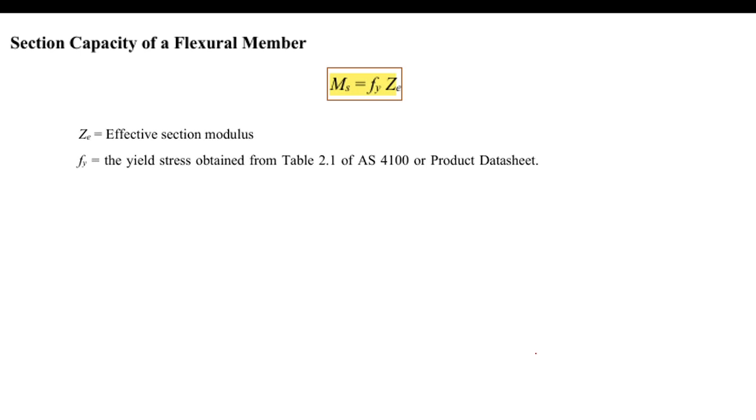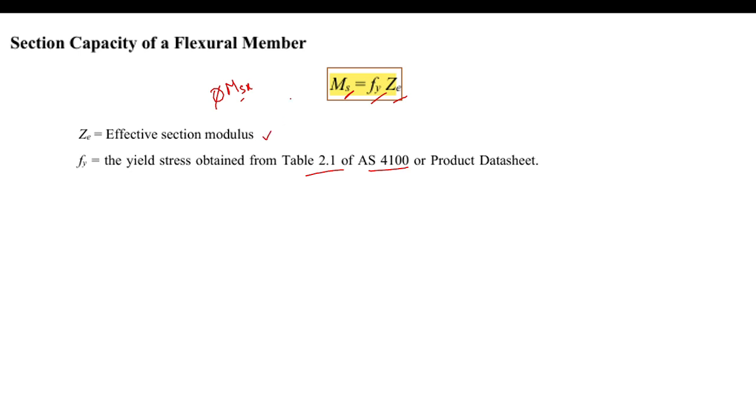Next, the section capacity of the flexural member can be found out using Ms. We have Ms equals φ Msx. This Ms can be found out using fy times Ze. Fy is the yield stress, which is obtained from Table 2.1 of AS 4100, whereas Ze is the effective section modulus.